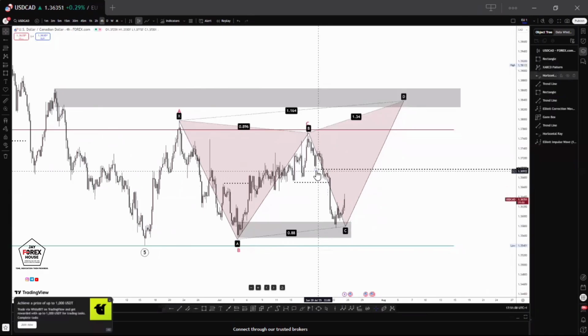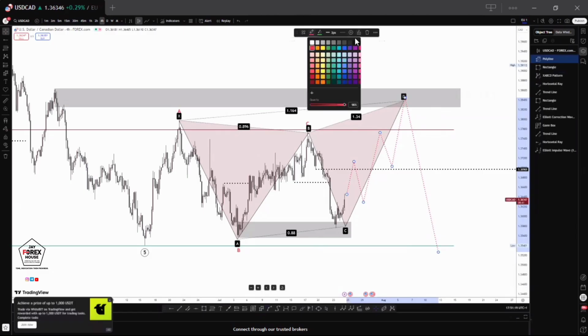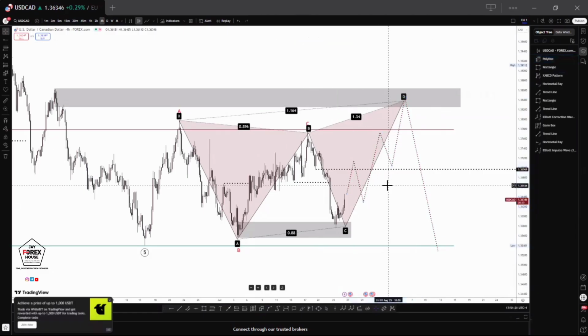I would rather pay attention to this for an obstacle, expecting something like this. This would be my prediction. And if you would ask me why, you can clearly see this is a significant level, right?